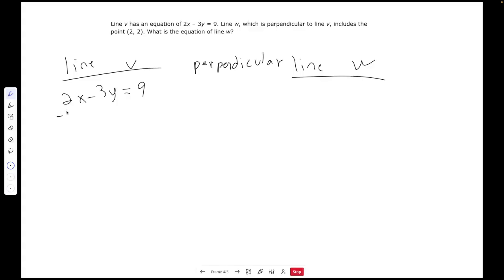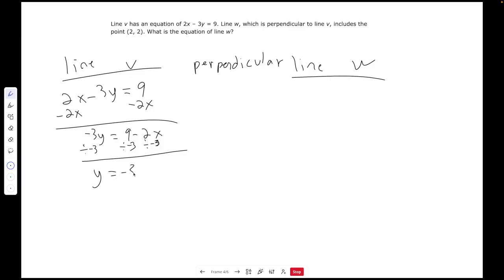The way we do that is we need to move the 2x to the other side. And now we have -3y equals 9 minus 2x. And lastly, we need to divide everything by the -3. And we end up with y equals -3 plus 2/3 x.